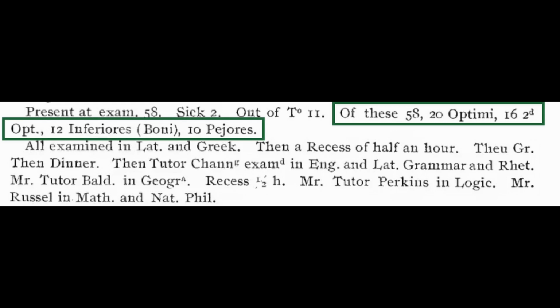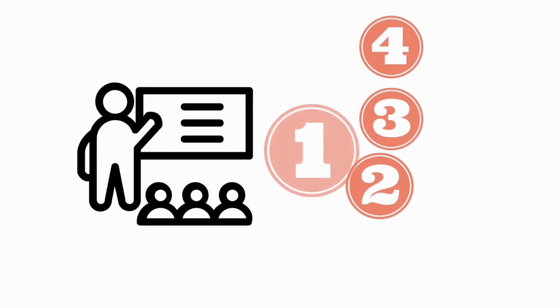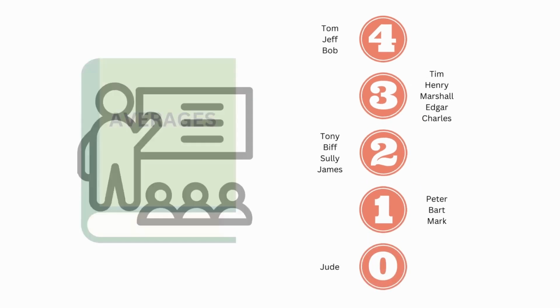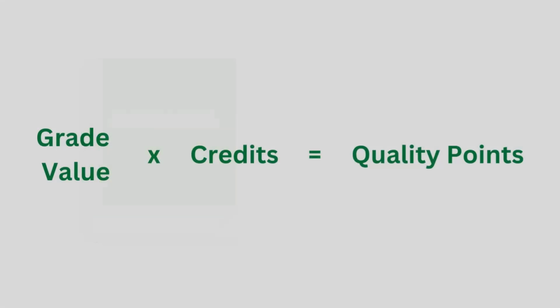These aren't grades in the way that we understand grades today, and Yale switched from using descriptive categories into a numeric system. Students were assessed by the faculty and given an overall score, with 4 being the highest and 0 being the lowest. These scores were recorded in a book of averages maintained by the institution.